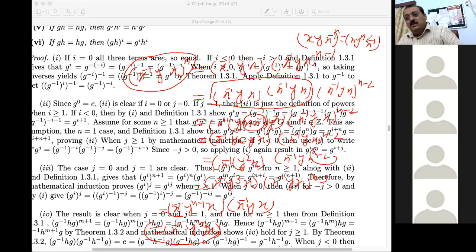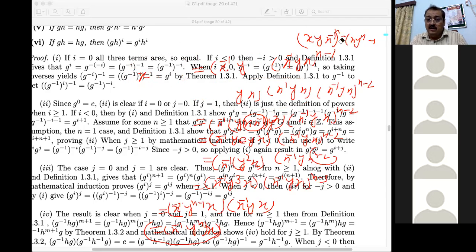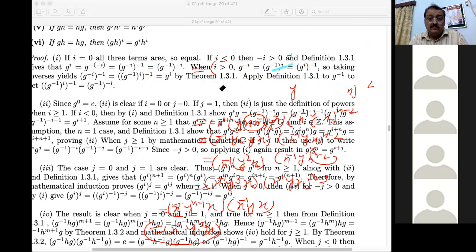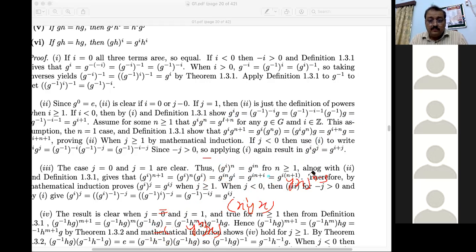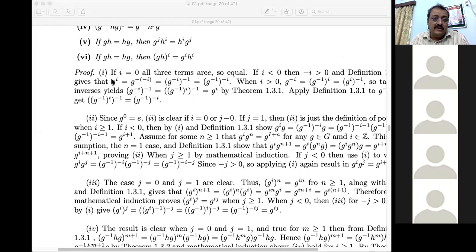You can just change the left and right, and then you get the proof of this also in a similar fashion. So now we can say this is true for each and every integer.